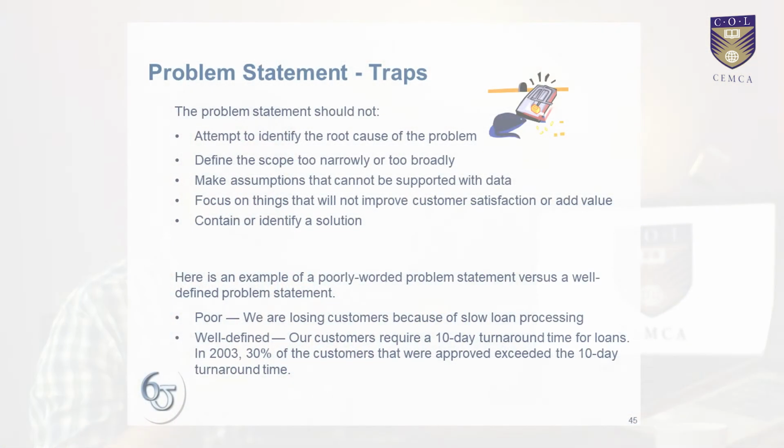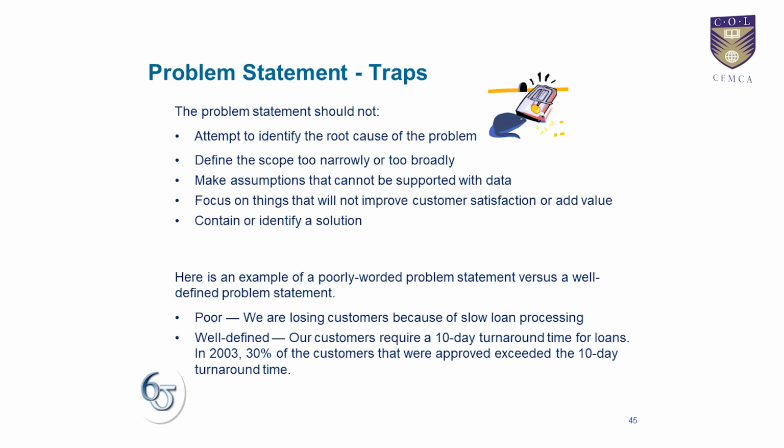What else should a problem statement not focus on? A problem statement should never have any root cause related suggestion or any recommended solution. For example, the moment you write words like due to or because of, it leads to an assumption that there are certain root causes that I am aware of. So if you already know the root causes, why do you need the charter and all this activity that we are doing?